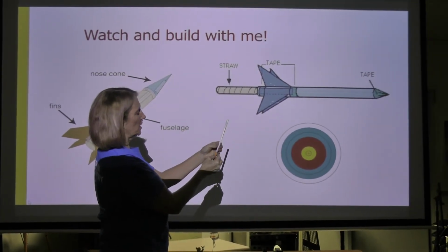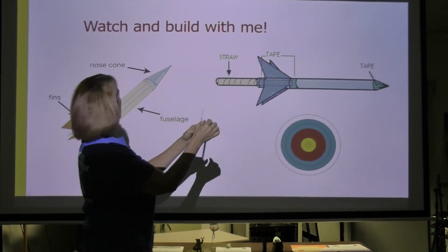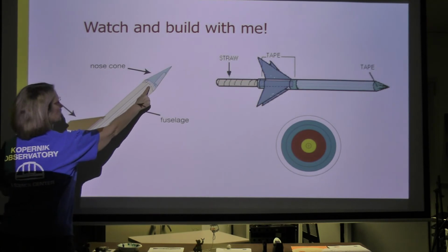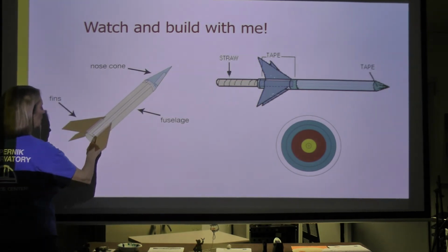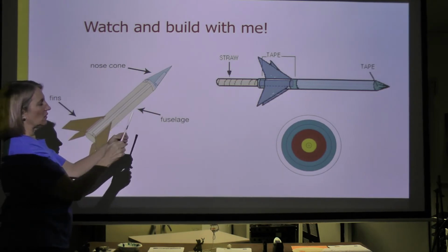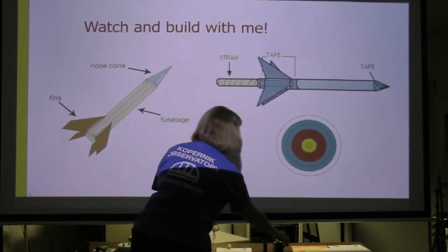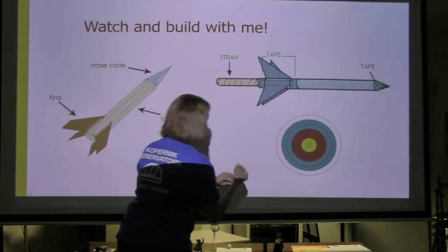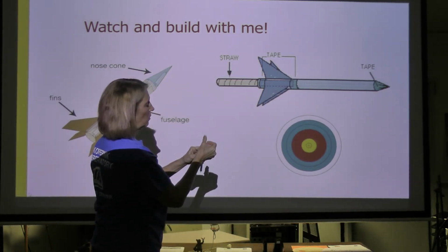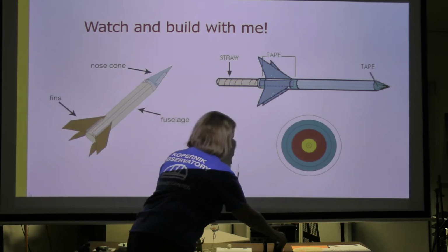Okay, so now you'll notice though, we have to tape that whole seam. See the piece of tape right here in the picture? It covers the entire seam all the way down because we don't want any air to escape out. So now we'll just take some more tape and tape up the whole way down, the long way.